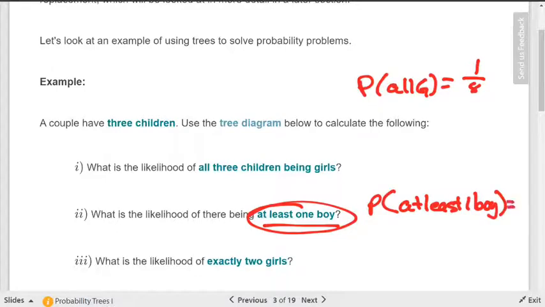Unless you have all girls, then you're going to have 1 boy in the mix somewhere, right? So these 2 are complementary. Have we talked about complementary? Right? So if it's not all girls, then we could just subtract from 1 to get the other ones. If 1 out of 8 is all girls, then the rest of them have at least 1 boy in it, right? So you don't always have to go back and count the branches, do you? What's the likelihood of exactly 2 girls?